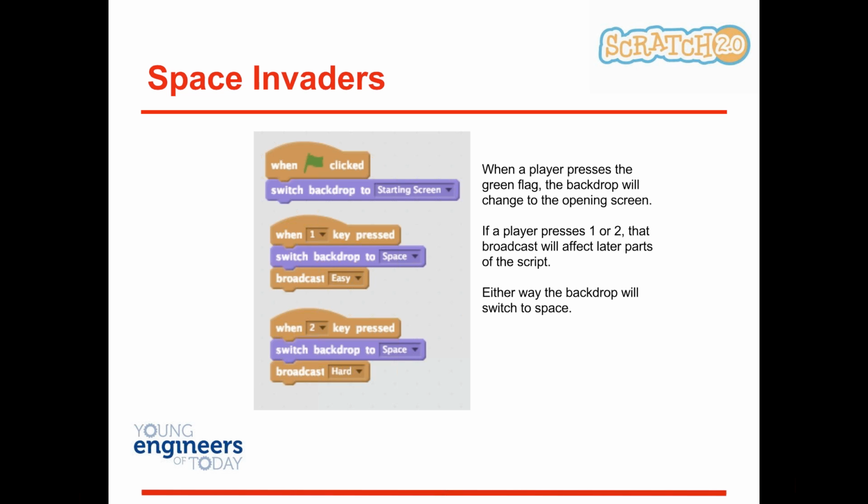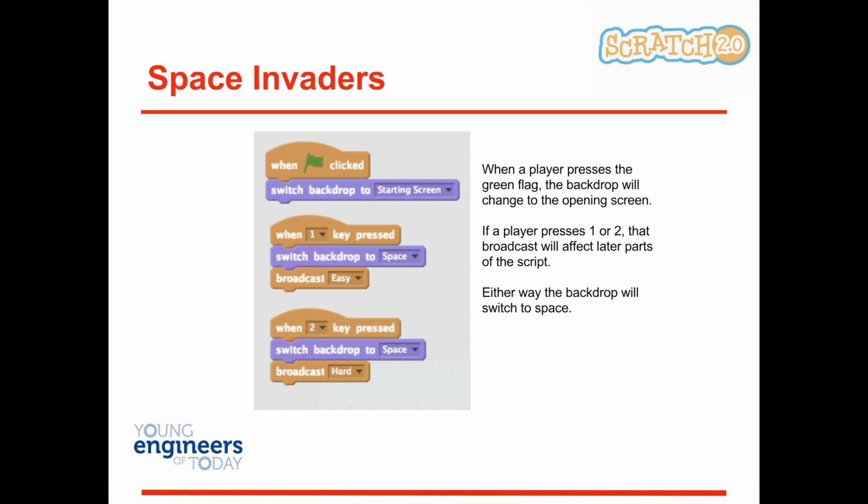It's a real easy code. And what this code is going to allow us to do, and I'll just explain it while people are finishing up, is that when you click the start screen, we'll switch the background.